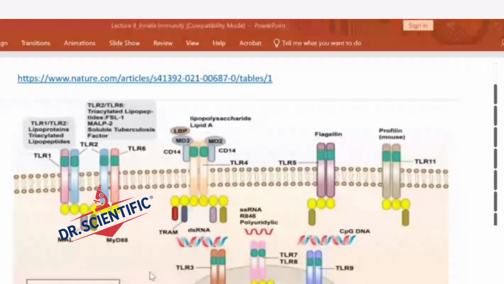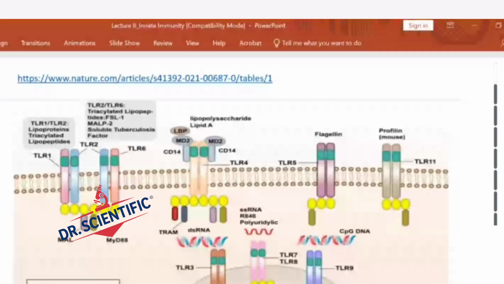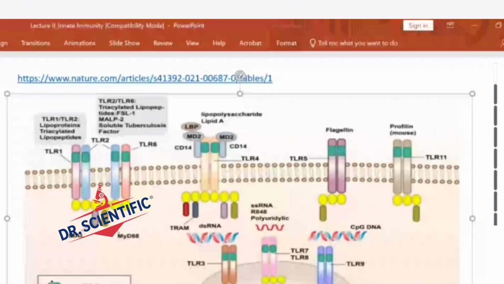Toll-like receptors, correct. Now, these toll-like receptors are pattern recognition receptors, PRRs. So if you talk about a TLR, it is a PRR, a pattern recognition receptor.